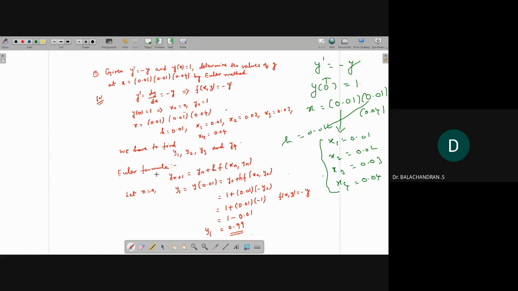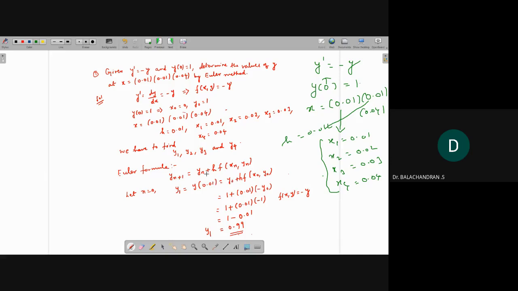For this, I'm going to use the Euler's formula. y(n+1) equal to yn plus h into f of xn comma yn. So let us take n equal to 0, substitute n equal to 0 in the formula. So we'll get y1 equal to y of x1, what is x1? 0.01.